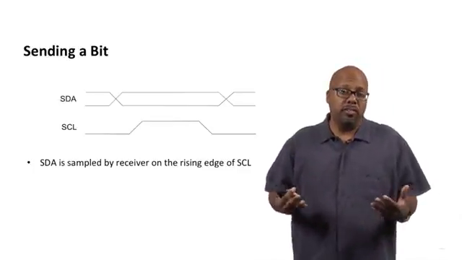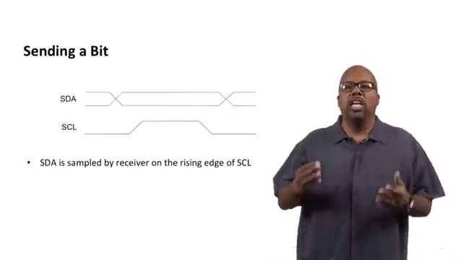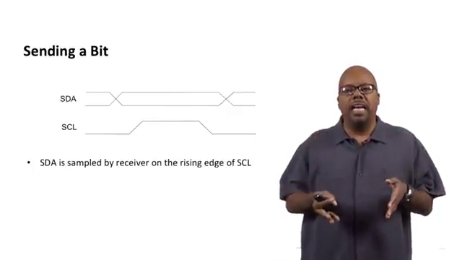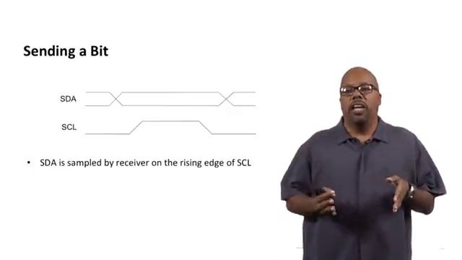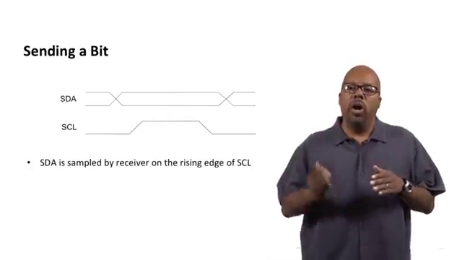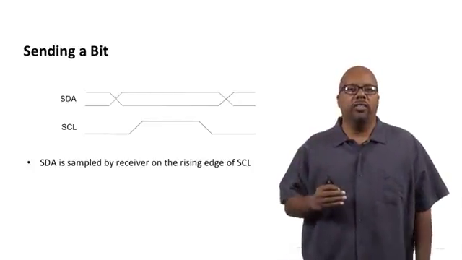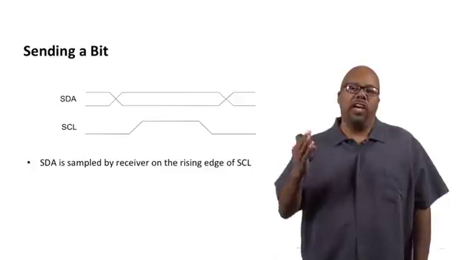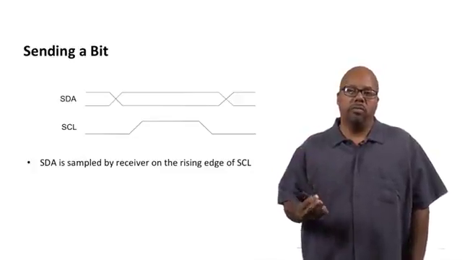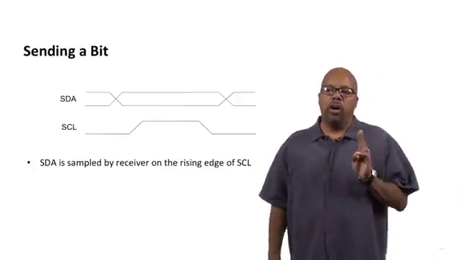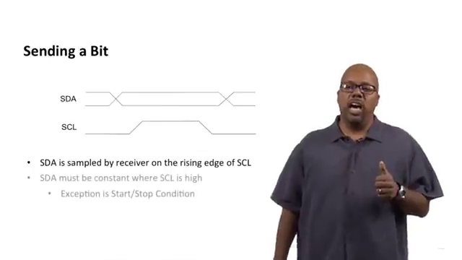So the sender, the master, say, whoever's doing the transmission, they have to apply a value on SDA before the SCL goes high and hold it while SCL is going high, right? And then that is the value that the receiver is going to accept. So SDA is sampled by the receiver on the rising edge of the clock.